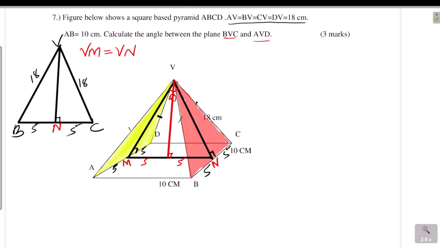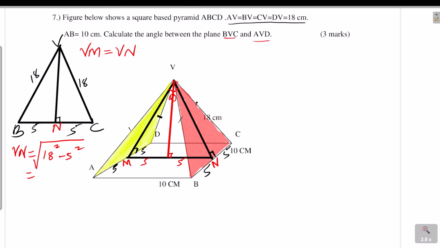So when you look at whatever we have here, VN, you can use Pythagoras theorem. So VN is given by, using Pythagoras theorem, the square root of 18 squared minus 5 squared.